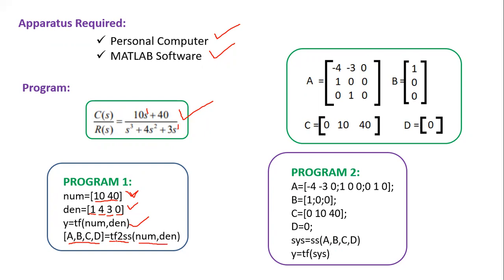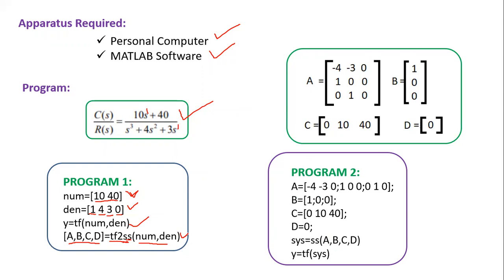TF is transfer function, SS is state space. So directly it will give all the ABCD matrices. That is the state space representation. That is the first program, first case.